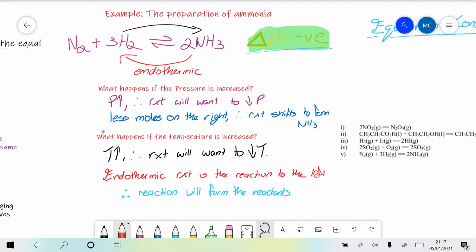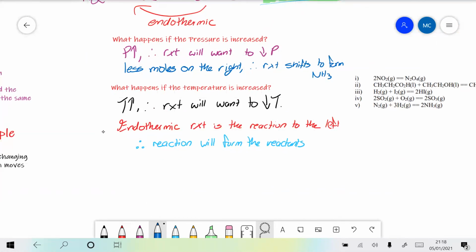Now, there is another topic here that we can discuss, which is compromise conditions. Instead of discussing it in equilibria, we will be doing it in rates of reactions. But the conditions for this reaction are a temperature of 450 degrees Celsius and a pressure of 200 atmospheres.